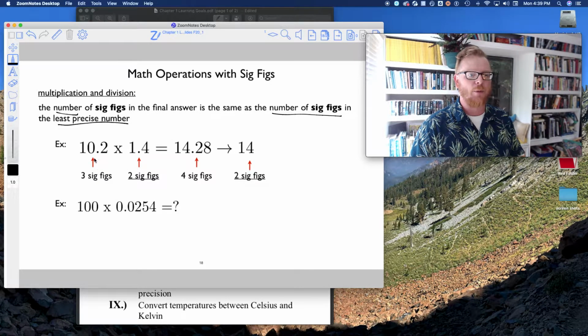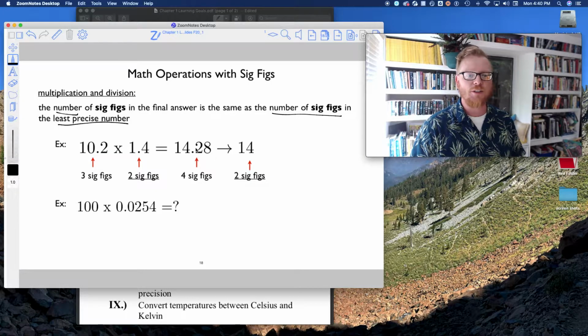So for example, if I take 10.2 times 1.4, and you do that in your calculator, you're going to get 14.28, okay? If we count up those sig figs, we know that the 0 is a captive zero, so there's 1, 2, 3 sig figs. In 1.4, there are no zeros, so 1 and 4 are always significant, so there are 2 sig figs.